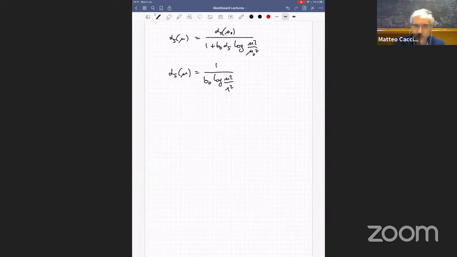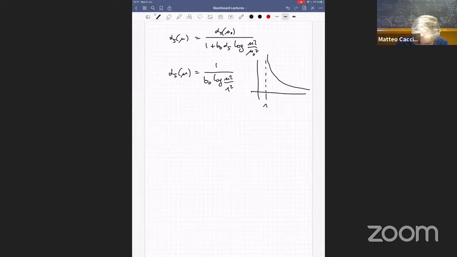And this is called dimensional transmutation, meaning you are trading a dimensionless parameter like alpha s at mu 0 for a dimensionful one, which is this lambda here. And this lambda is essentially defined as the place where the expression diverges.